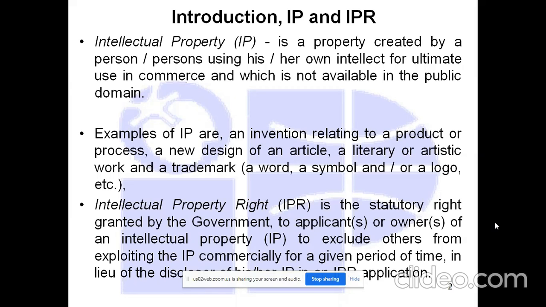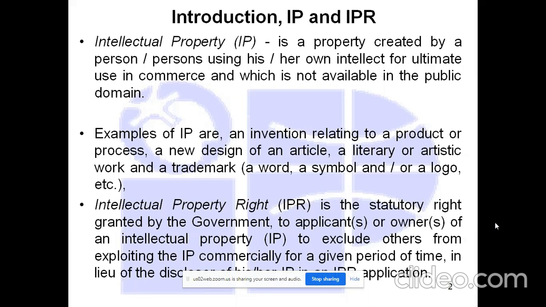Examples of IP are an invention related to a product or a process, a new design of an article, a literary or artistic work, and a trademark, which can be a word, a symbol, or a logo.